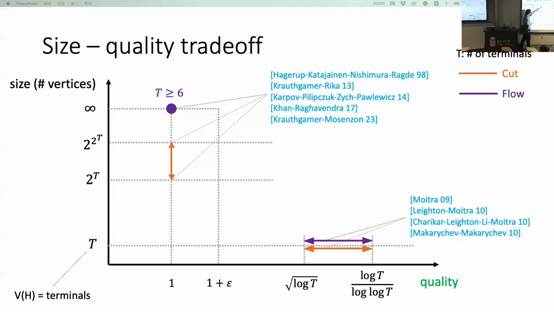And for flow sparsifiers, a very recent result by Krauthgamer and Mosenzon showed that even for a 6-terminal network, a flow sparsifier may require infinite size. What does infinite mean? Infinite means there's no bound with respect to the number of terminals. There's no function that depends only on the number of terminals that can serve as the size of an exact flow sparsifier.